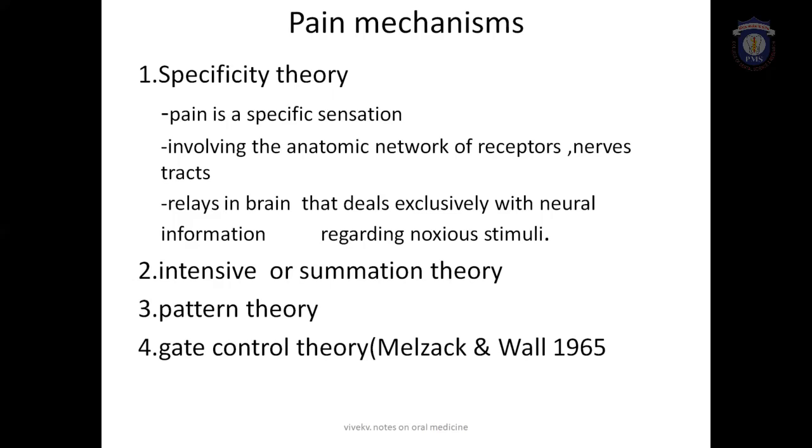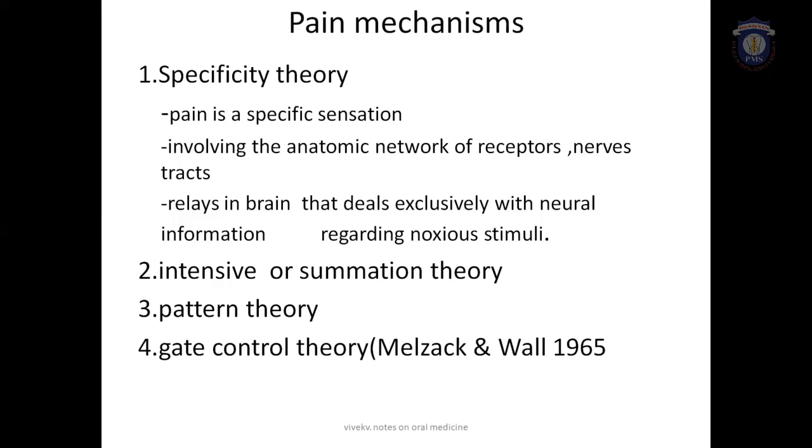Likewise, you have a specific receptor and an anatomical network of nerves and tracts which deals with very specific natures of pain, that is whether it is pressure, temperature, acute pain and all that stuff. But this could not explain so many features of pain and so many disease processes.